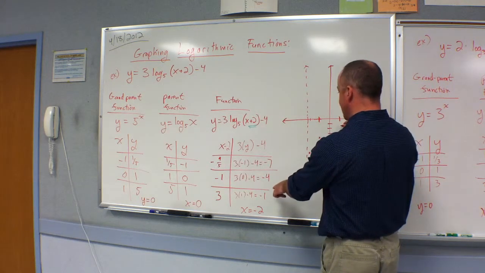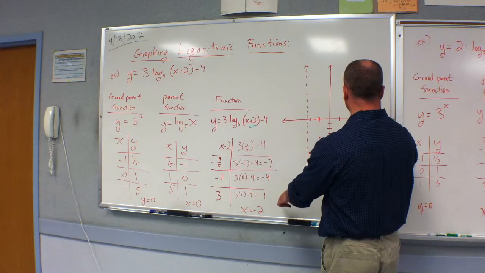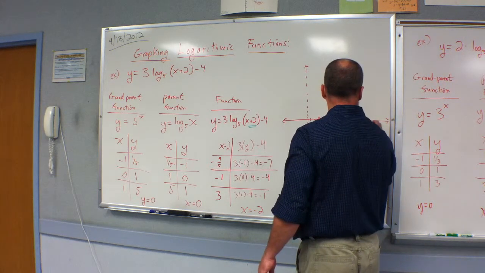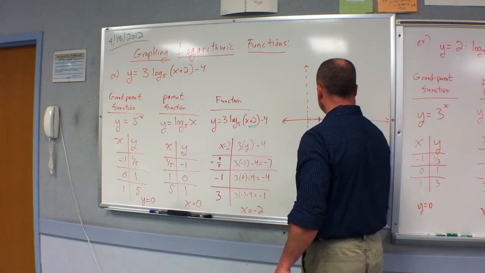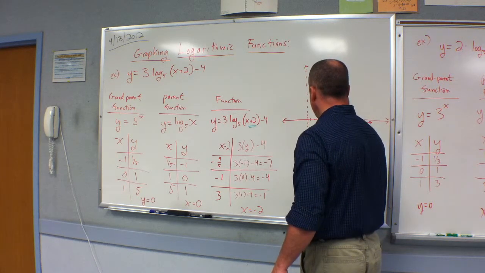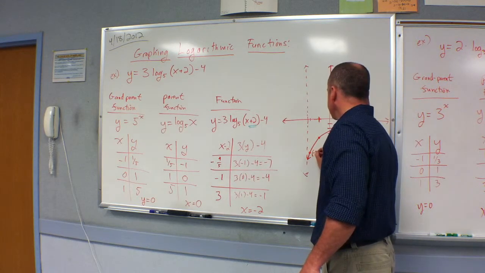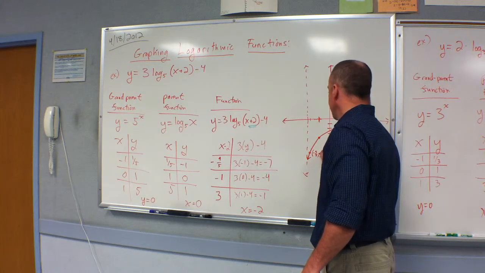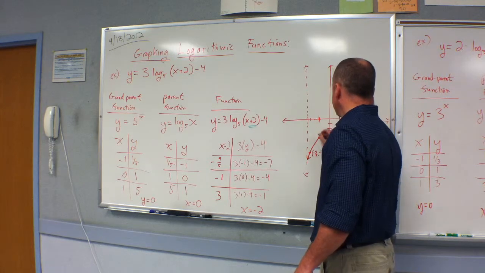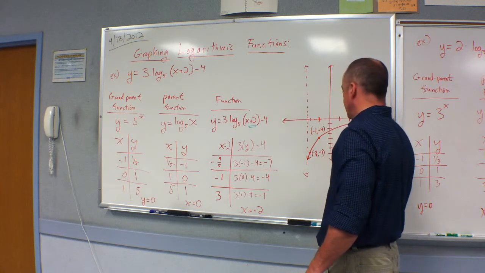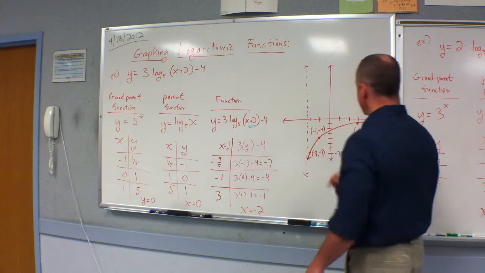At 3 we're at negative 1, so that's there. It has to look like it's getting closer to that asymptote. Here are my points: negative 9/5, negative 7; negative 1, negative 4; and 3, negative 1. Am I writing this correctly?